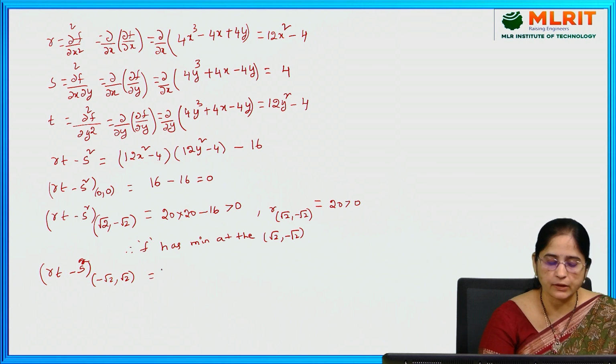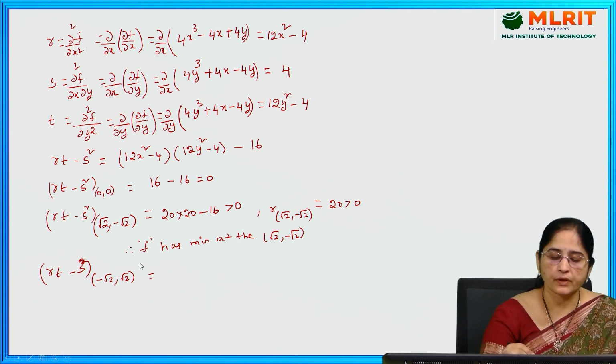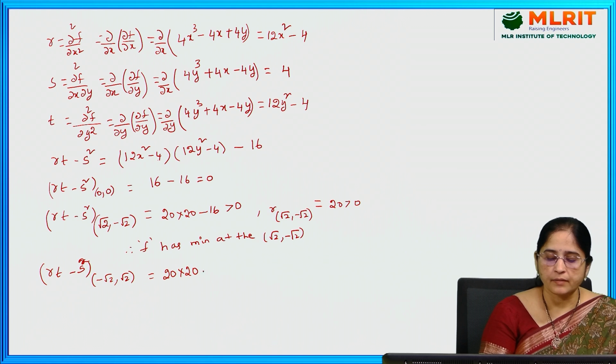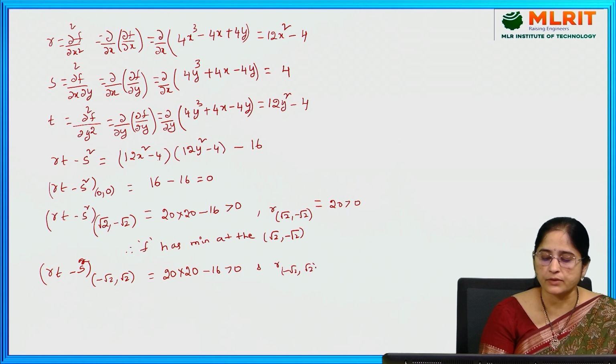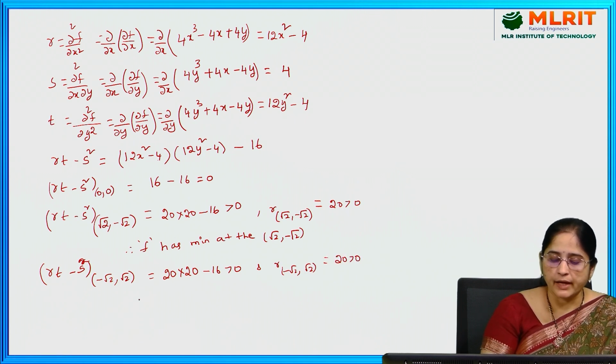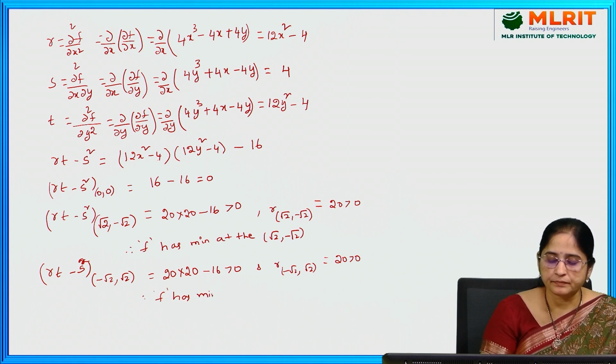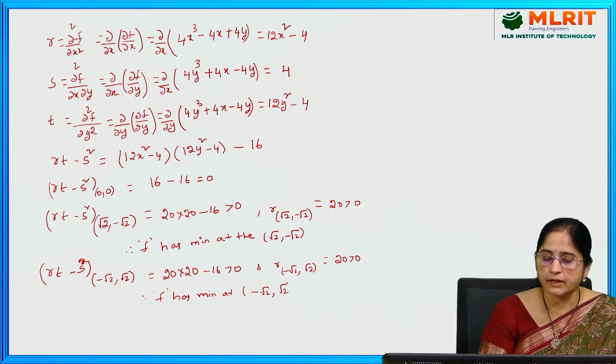Here also the same: minus root 2 whole square is 2, 24 minus 4, 20. 20 into 20 minus 16 is greater than 0, and r at minus root 2 comma root 2 is also 20, greater than 0. Therefore, f has a minimum at the point minus root 2 comma root 2.